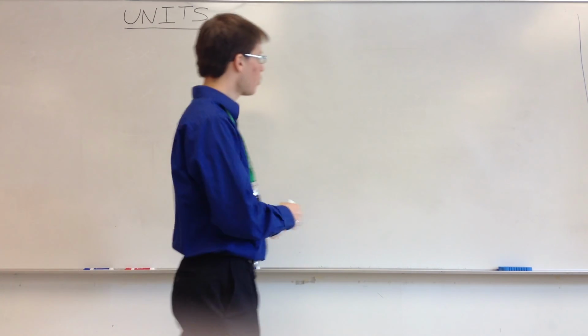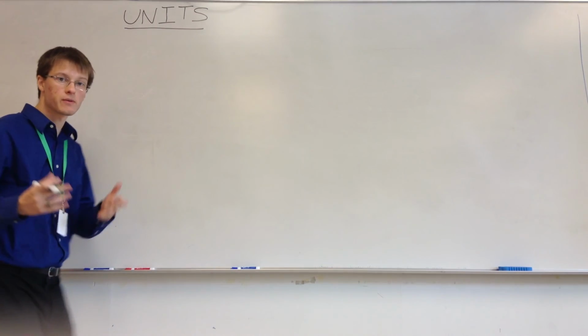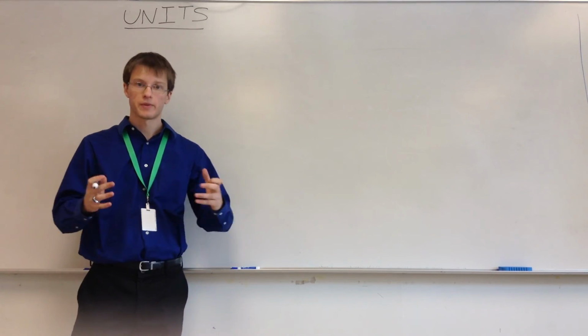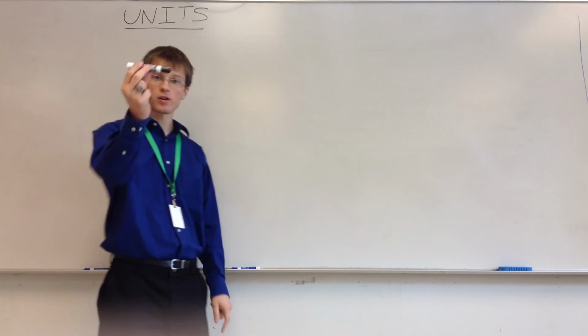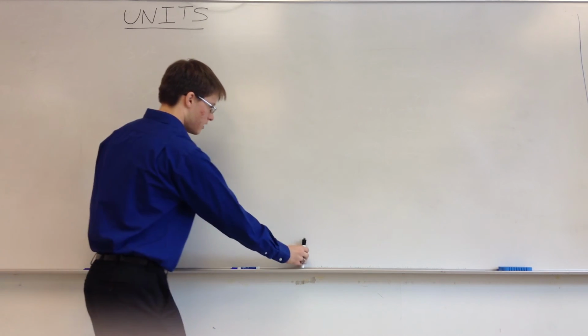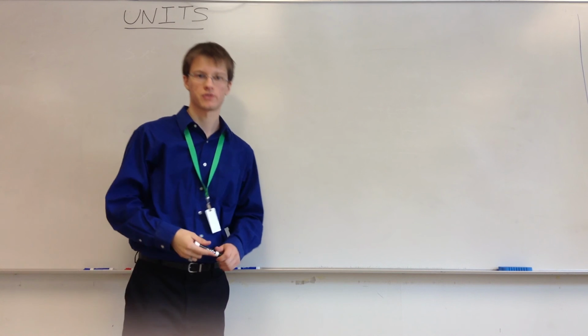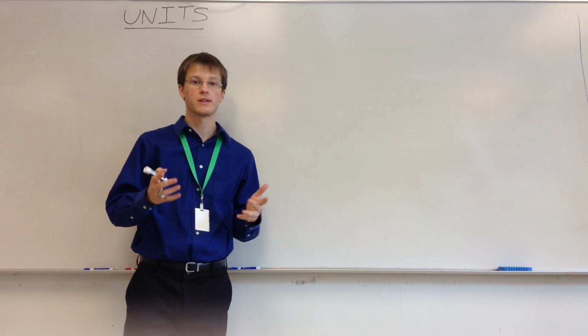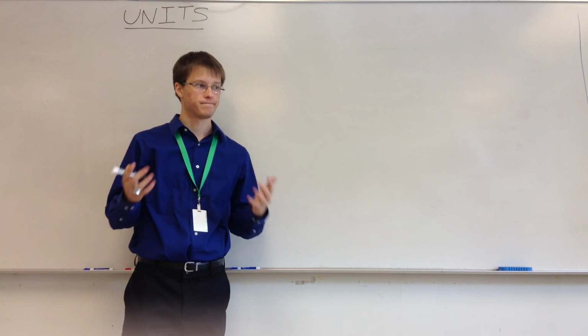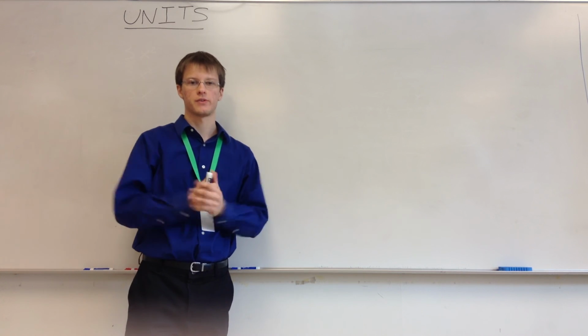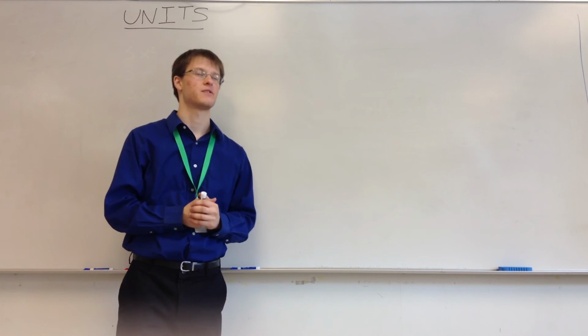So, what is a unit? A unit is a physical measurement of something. I could say that this marker is a unit. I could say this board is 1, 2, 3, 4, 5, 6, 7, 8, 8.5 markers tall. There's a system of units that pretty much the whole world agrees on and standardizes.